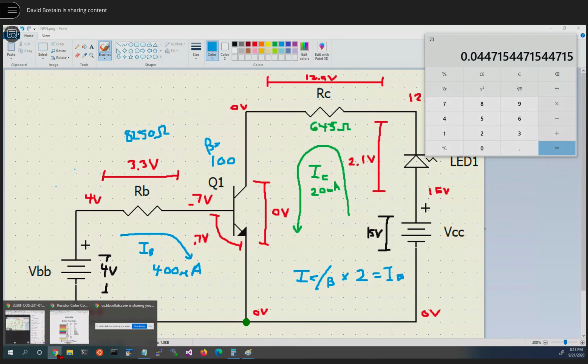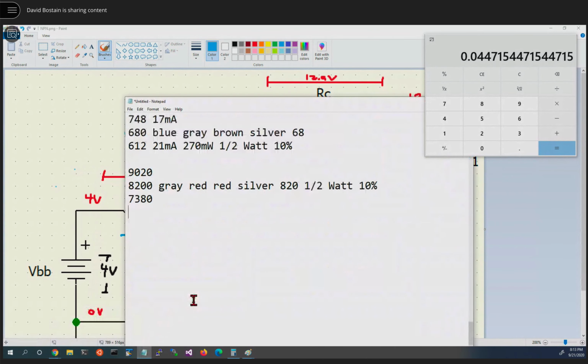If we were to be talking about the circuit and telling people what they needed to buy, you would be telling them to buy a 680 10% quarter-watt resistor. You'd also tell them you wanted to buy an 8.2K 10%.